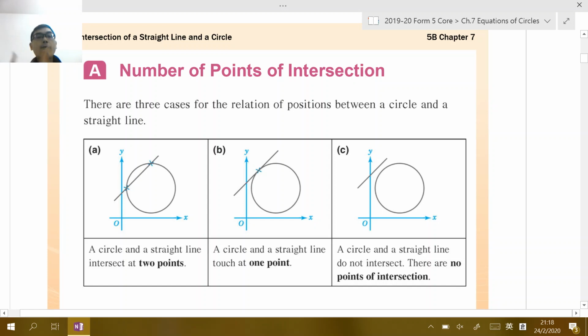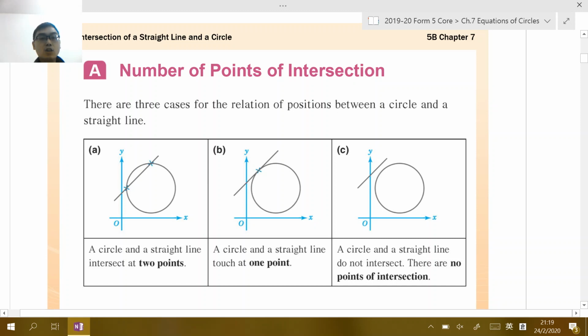That means for a straight line and a circle, even if you don't have the graph, you should know that there should be at most 2 solutions. You may have less than 2, but at most 2, because it's quadratic.